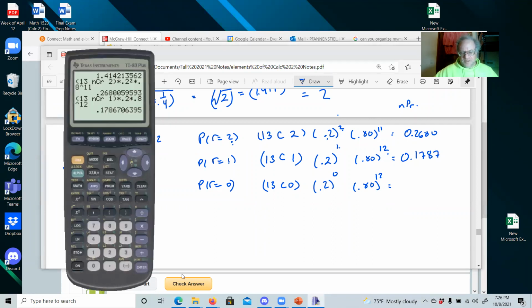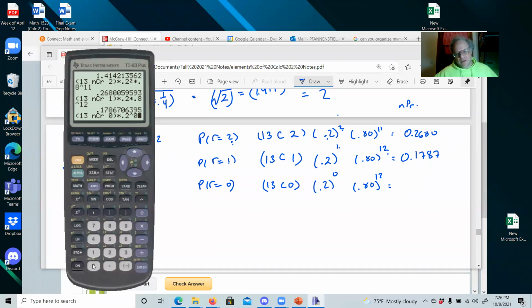All right, this one's going to be a little bit easier. We have parentheses. We have 13. Okay, we're going to hit math, over to PRB, down to nCr, choosing 0, so 13 choose 0. Okay, times 0.2 raised to the 0.